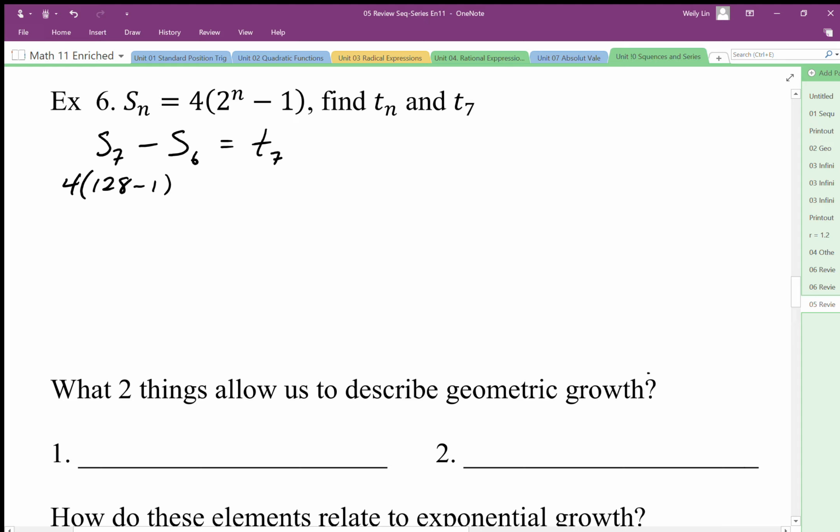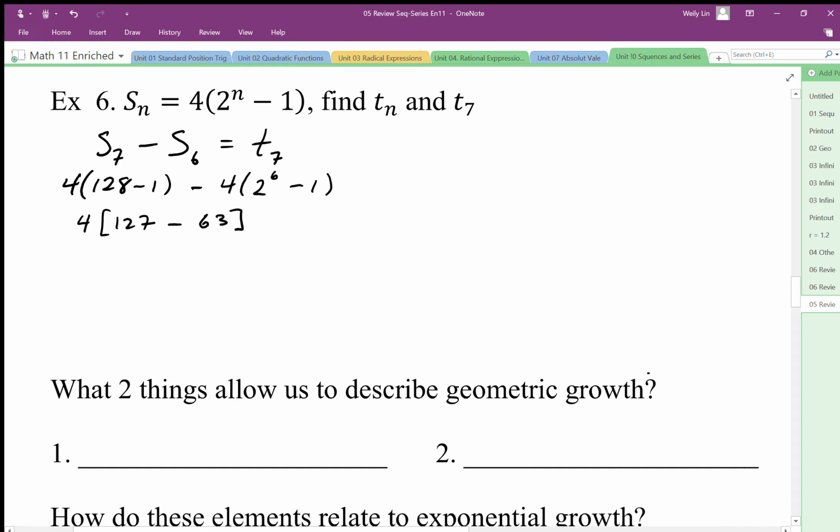Then minus 4 times, and then we're going to do S6, so 2 to the power 6, minus 1. So this works out to be 4 times 127 minus 2 to the power 6, which is 64, minus 1 is 63.